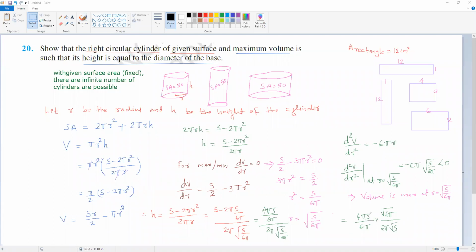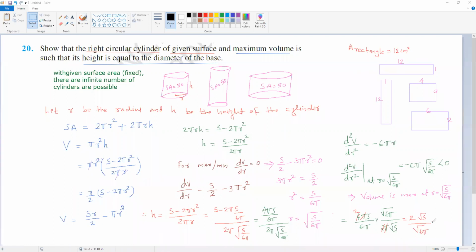So now we can see that pi कैंसिल होगा, 2 4 कैंसिल होगा, 2 आएगा, so it is 2 and इधर root 6 pi, इधर 6 pi, so कैंसिल होके नीचे root 6 pi आएगा, इधर yes root s, दोनों कैंसिल होके ऊपर root s आएगा, so ऐसे मिलेगा root s ऊपर, क्योंकि root s is root s into root s divided by root 6 pi.